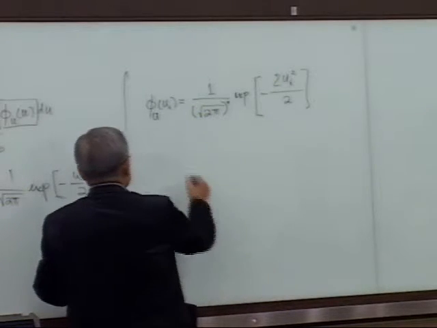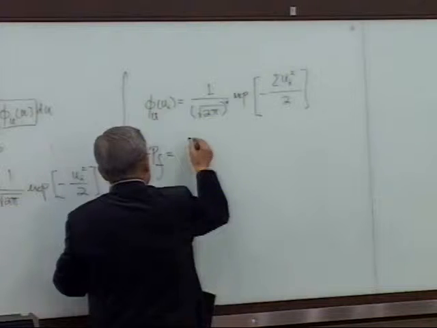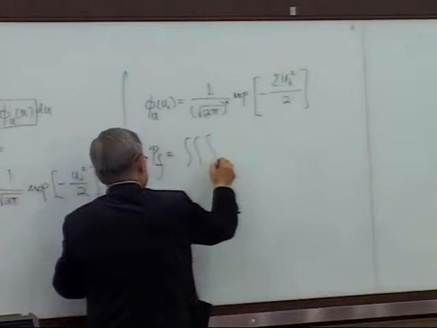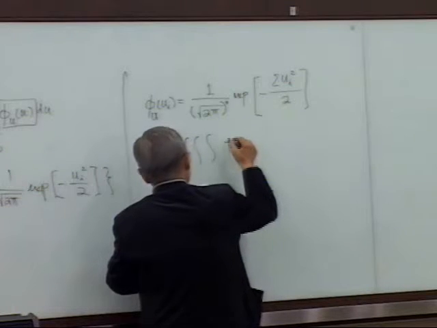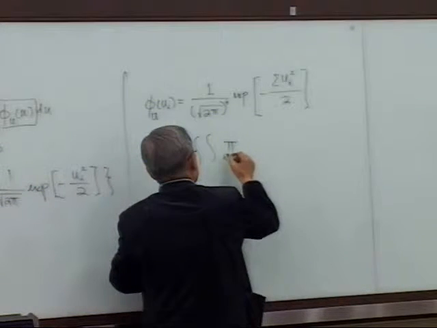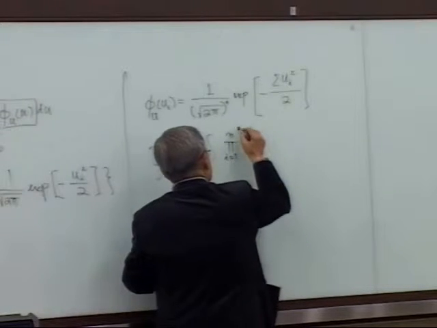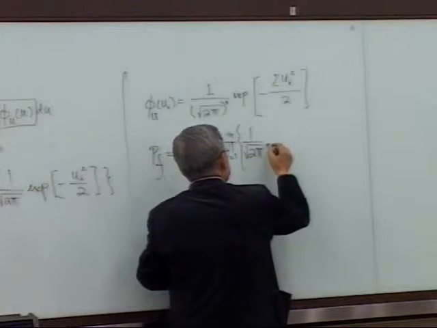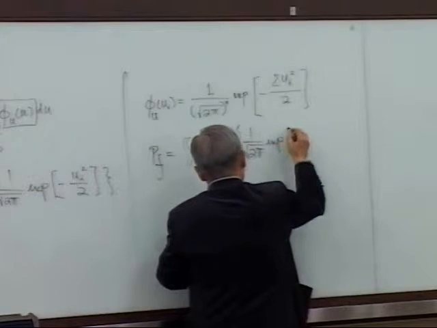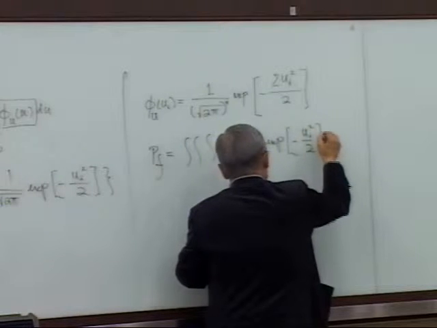And of course, I wrote this as a final reminder, is equal to, this is again, you can write the product for i equal to 1 through n, 1 over square root of 2 pi exp, same thing, minus half u_i squared.